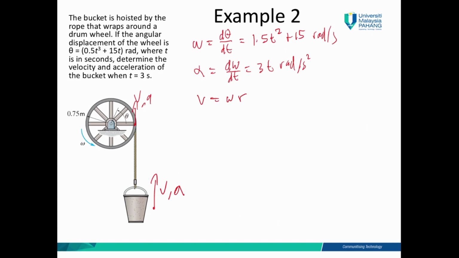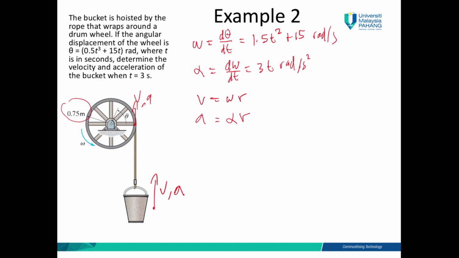This is why actually you use your radian. So r is the radius, which is given here, 0.75. Similarly, for acceleration, I'm sorry, not alpha. So the acceleration a equal to alpha, angular acceleration, times the radius.